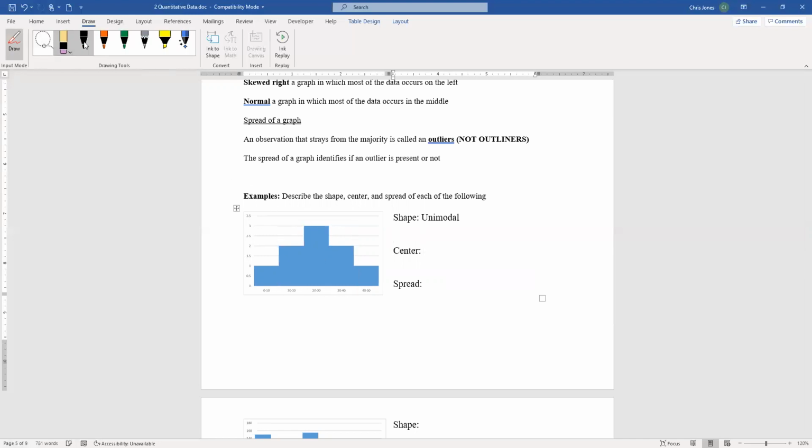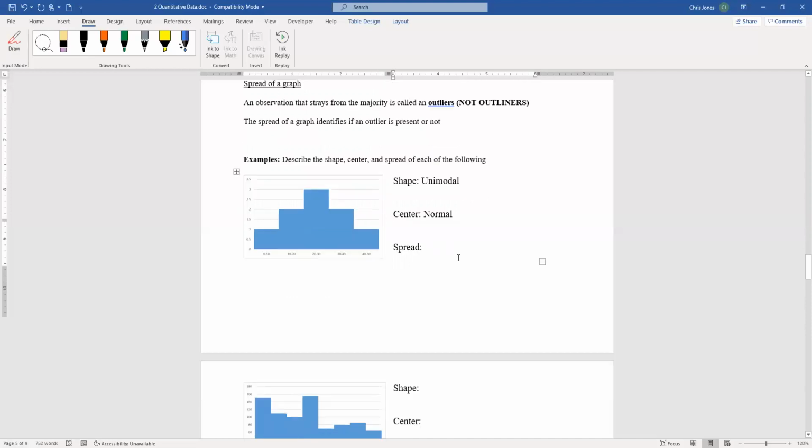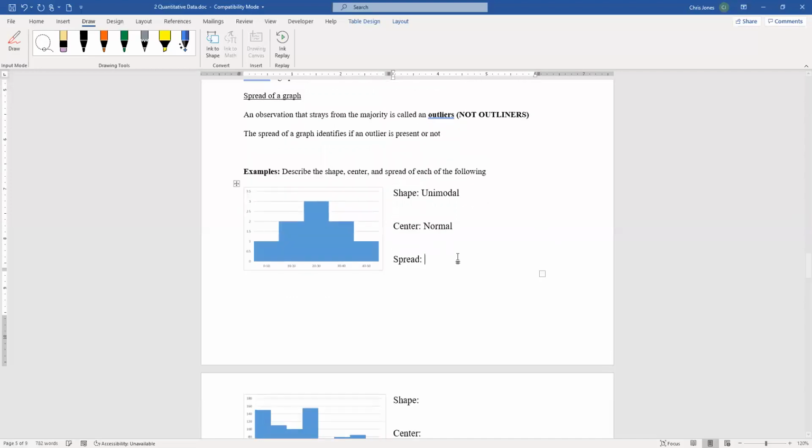Since it's in the middle of the graph, we're going to call this a normal graph. And since the spread doesn't look like there are any gaps in the data, no holes in the graph, it's just one solid blob of blue, we're going to say this has no outliers present.